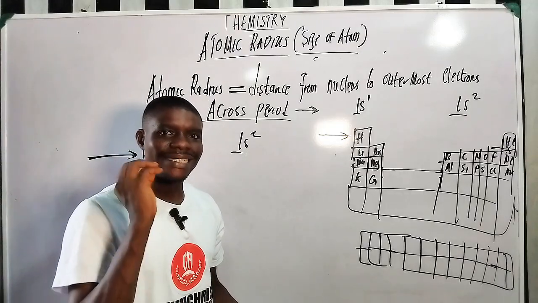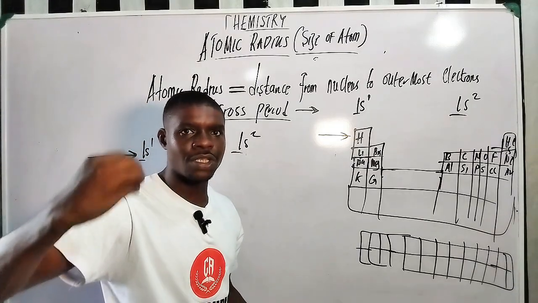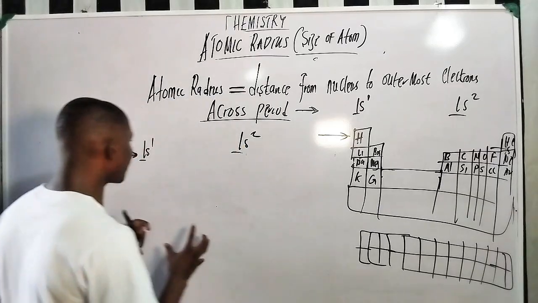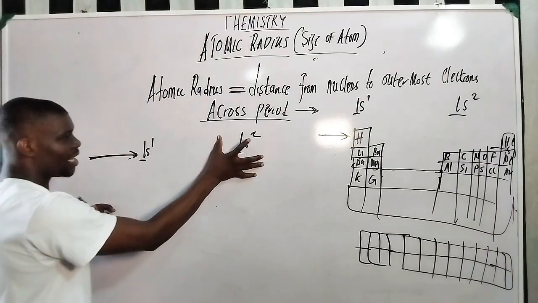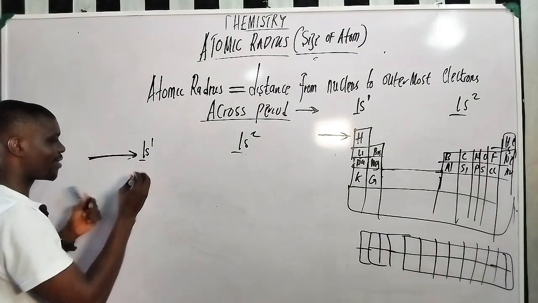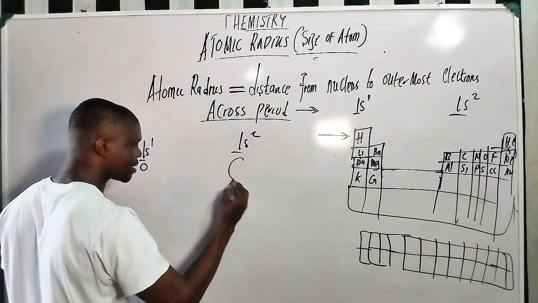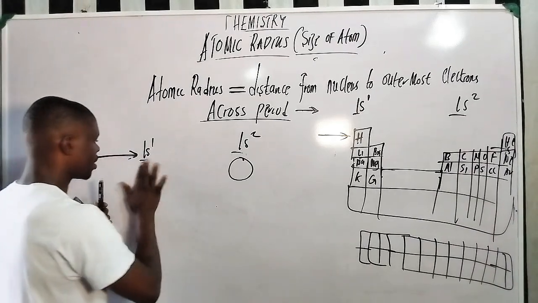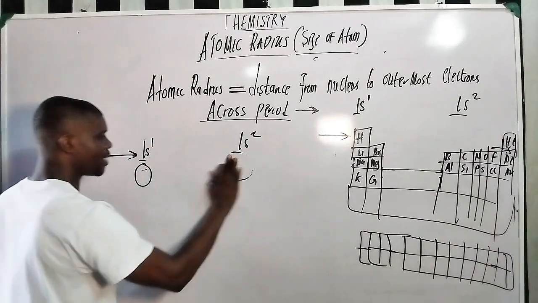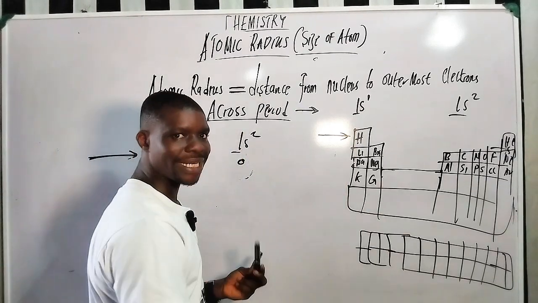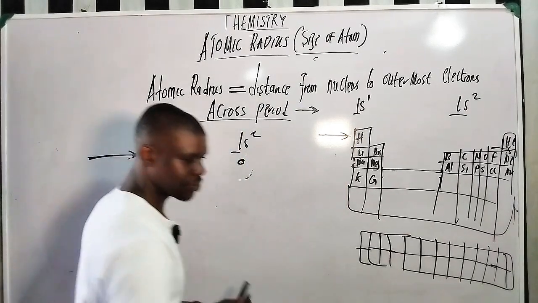So if you compare hydrogen and helium, helium has a smaller size, because there's an increase in proton number.